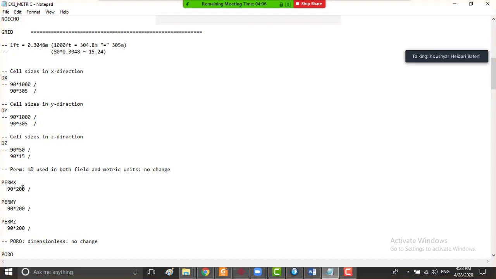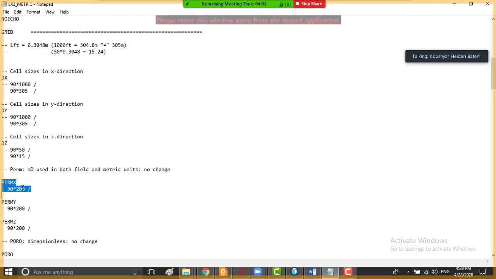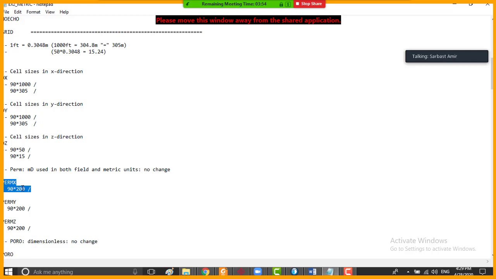But do I have to change this when I want to convert the units from field to metric? No, exactly, because in the metric system also the unit for permeability is millidarcy. Okay?